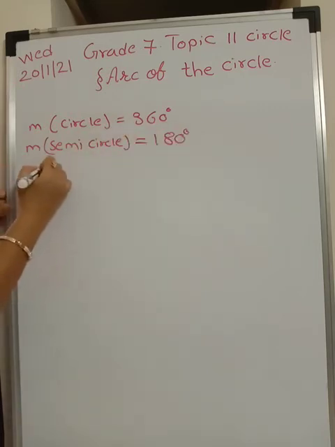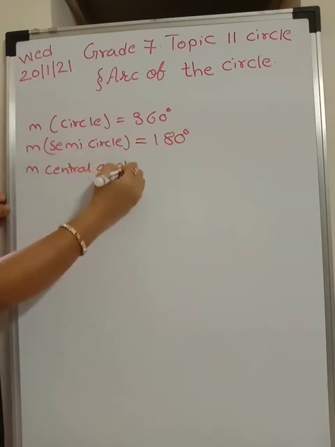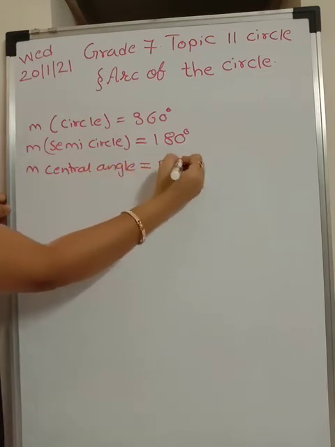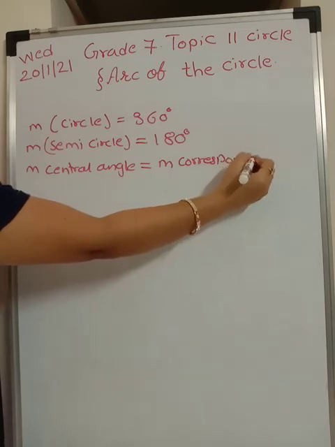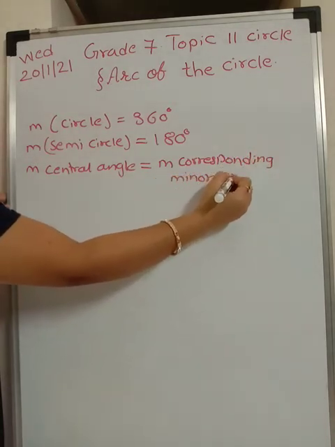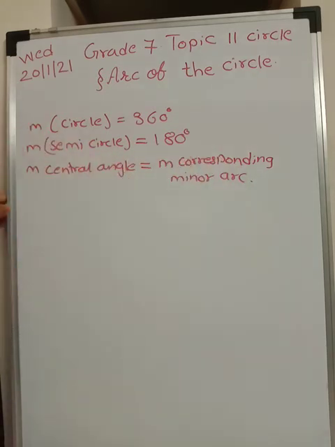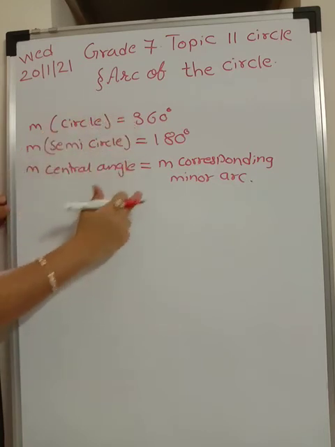The measure of the central angle is equal to the measure of the corresponding minor arc, which is going to subtend this angle. And the measure of a major arc is the measure of the circle, that is 360, minus the measure of this minor arc.